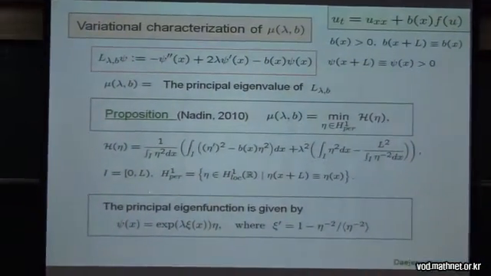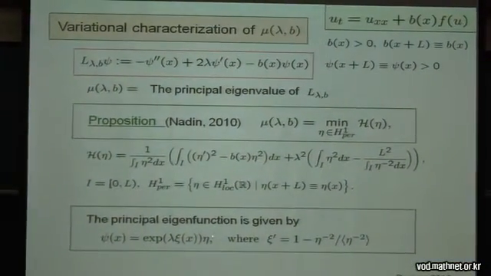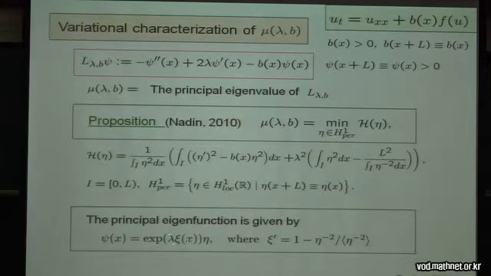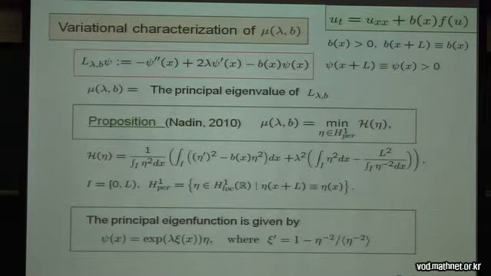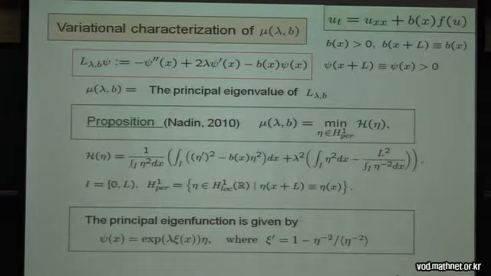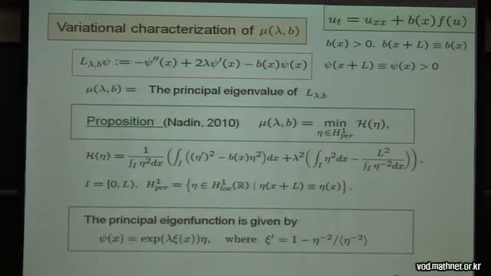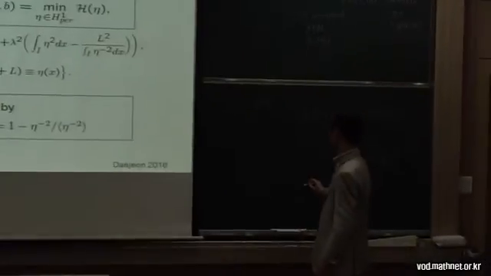The principal eigenfunction is given by this form, where psi is a solution of this. So this is the difference from the standard variational formulation. The minimizer of this H does not give the eigenfunction directly.